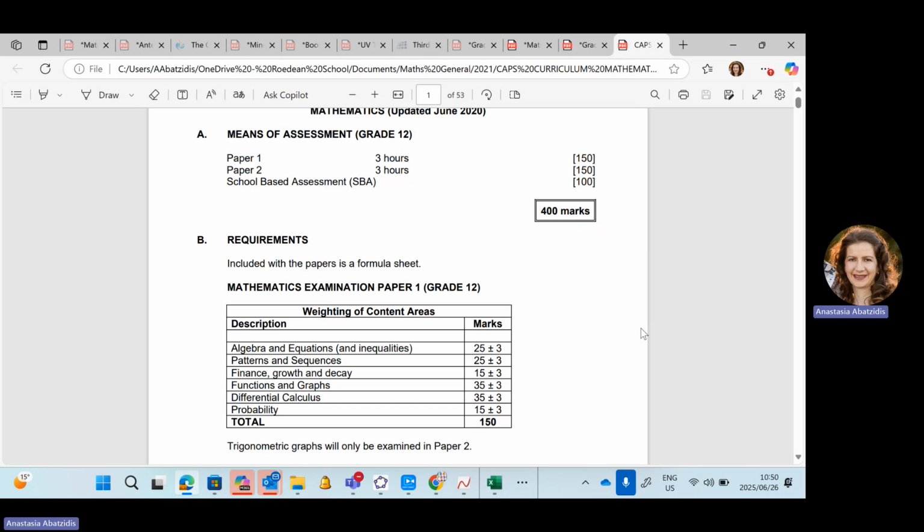Finance is 15 marks, give or take 3. Functions and graphs, 35 marks, give or take 3. Calculus, 35 marks, and probability, 15 marks. So that's the breakdown for paper 1. Huge emphasis, as you can see, on functions, graphs, and calculus. So if you haven't done finance, you can save those 15 marks.